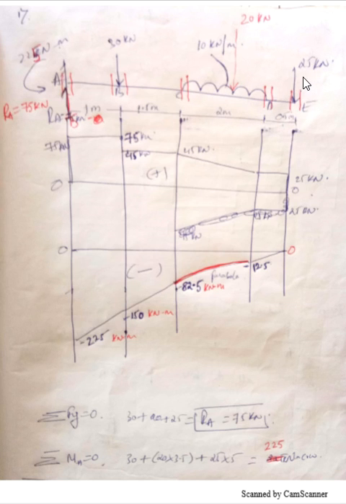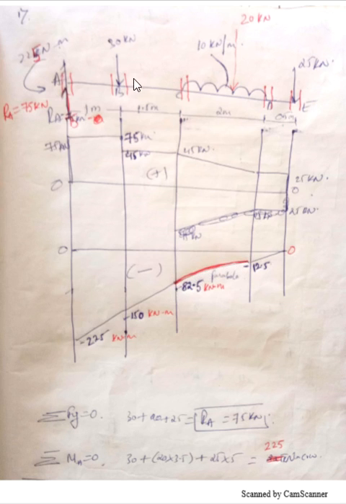So minus 25 into 2.5, and there is one more force which is acting downward, and again it gives me a negative moment, so minus 20 into perpendicular distance, which is 1. So minus 25 into 2.5 minus 20 into 1 will give me minus 82.5 kN meter. Now since it is a UDL, I am going to join using a parabolic curve. Here you can see it is a parabolic curve.